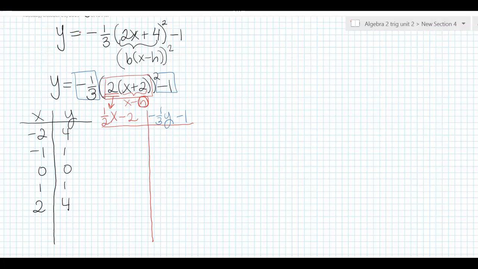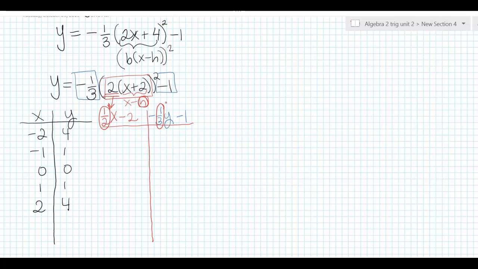So when we look at the horizontal ones, we have x being multiplied by 1/2. Whenever you're multiplying by a number, you're talking about stretches or compressions, and you just need to think about what multiplying by that number does. So when I multiply something by 1/2, it makes the value smaller, which would be a compression. So in both cases here, multiplying by 1/2 and multiplying by 1/3 makes them smaller.